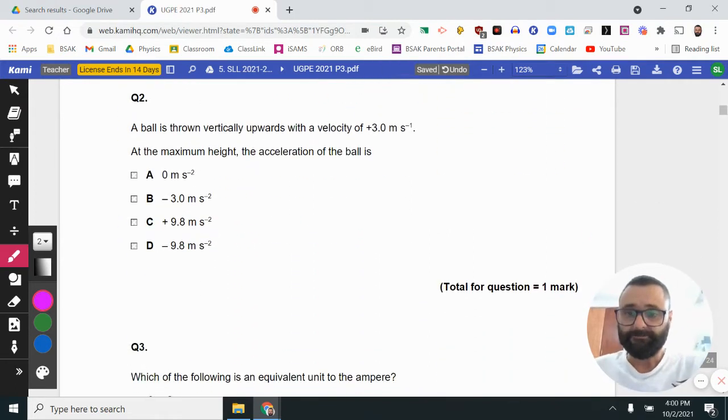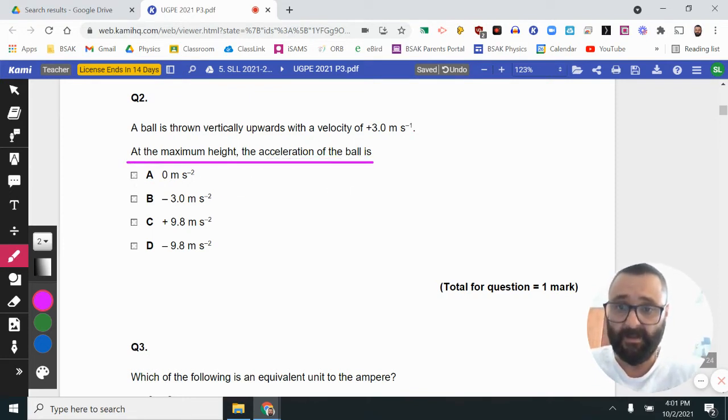Question 2. A ball is thrown vertically upwards with a velocity of +3 meters a second. I started doing the calculation, but then I realised that all it wants you to figure out is, at maximum height, what's the acceleration? You should know that with all projectiles, acceleration is constant.